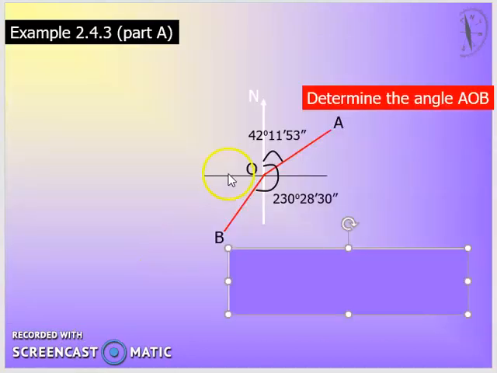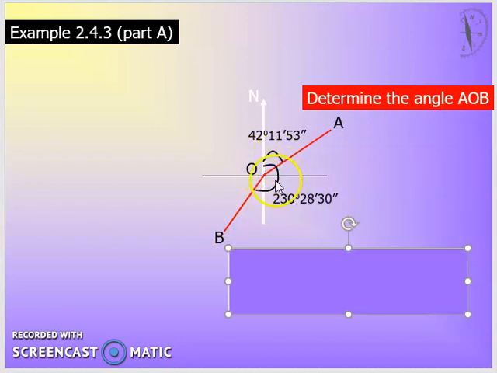So look at this example. You have a line OA and a line OB. The forward bearing, or the whole circle bearing, of the line OA is equal to 42 degrees, 11 minutes and 53 seconds. The whole circle bearing of the line OB is equal to 230 degrees, 28 minutes and 30 seconds.